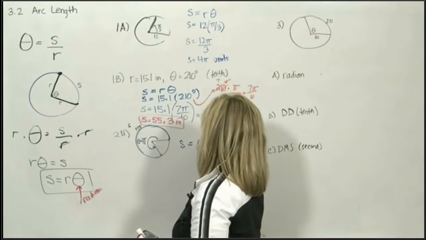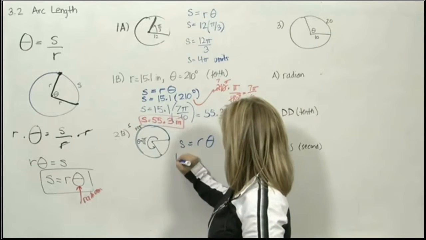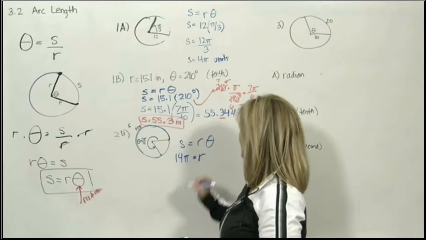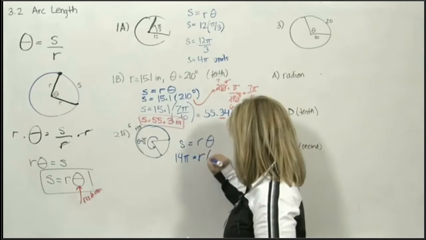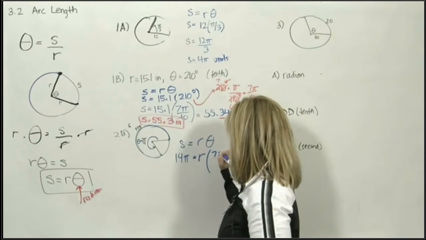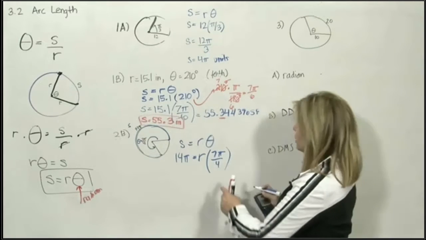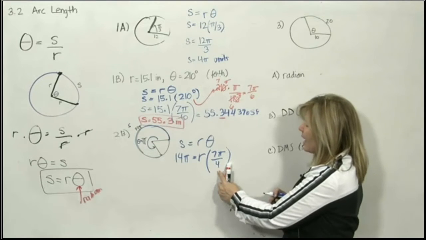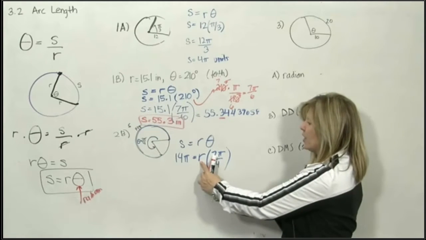So S equals R theta. We know the length of the arc is 14 pi. We don't know the radius. That's our unknown. We leave it R. We know our angle measurement is 7 pi over 4. Because this angle measurement's in radians, we can work with it. It's a number. Now, guys, just use your arithmetic skills. How do you get R isolated?